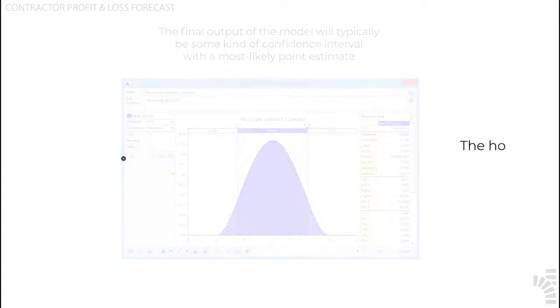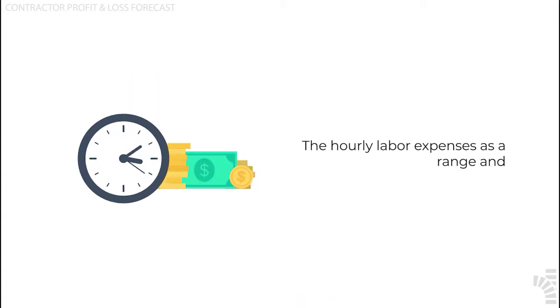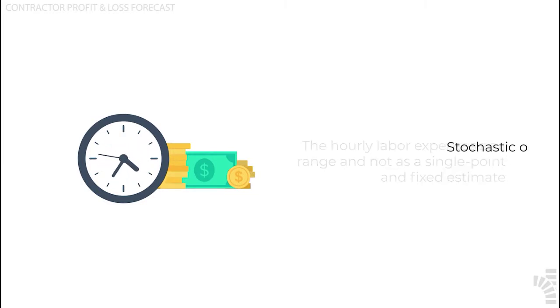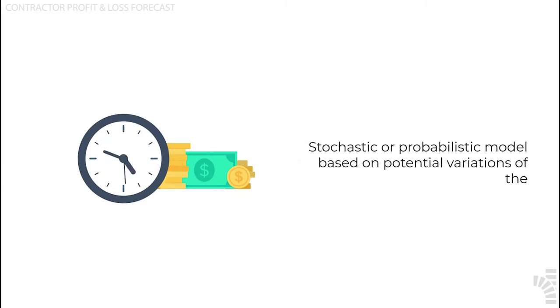For example, when we consider the hourly labor expenses as a range and not as a single point and fixed estimate, we are creating a stochastic or probabilistic model based on potential variations of these expenses.